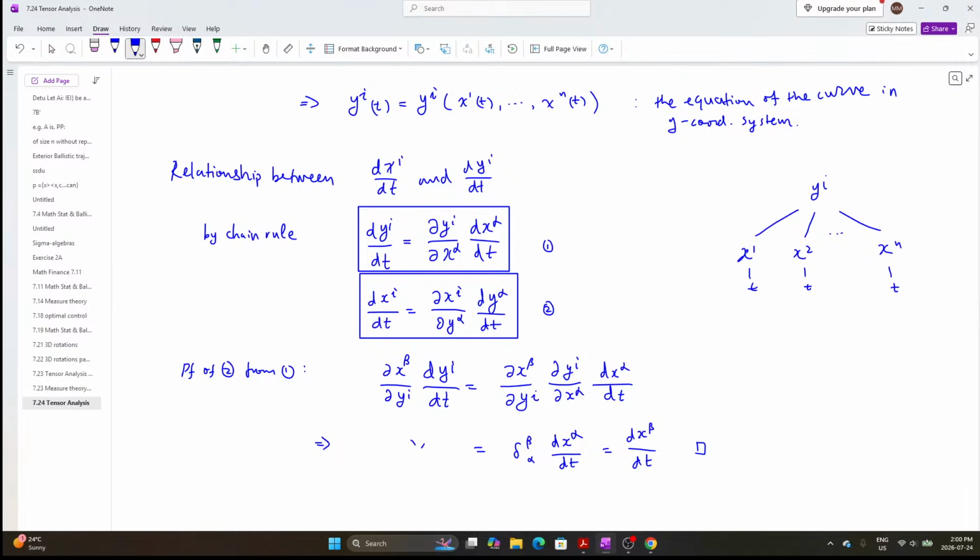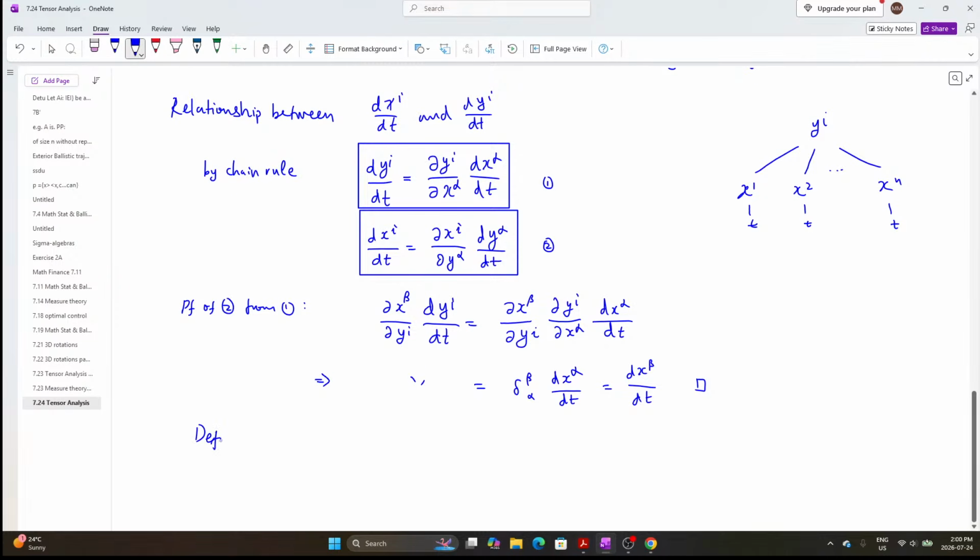Anyway, now we're going to make the following generalization. So here comes the definition. Any set of numbers A^i, which can be a function of x^1, x^2, all the way to x^n, where i ranges from 1 to n.